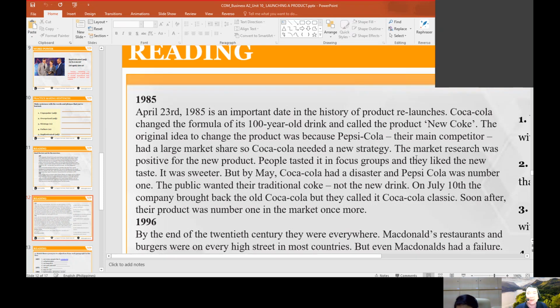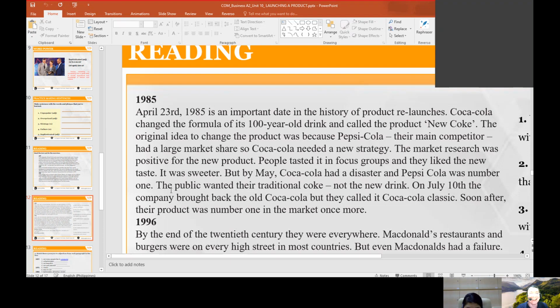The market research was positive for the new product. People tested it in focus groups and they liked the new taste. It was sweeter, but by May, Coca-Cola was a disaster and Pepsi Cola was number one.